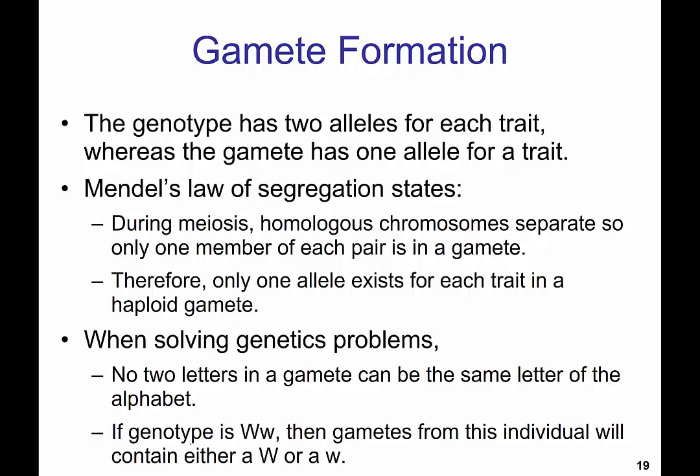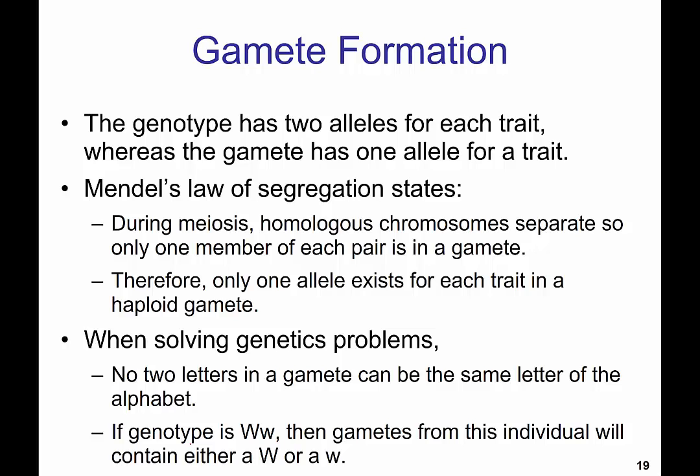Reviewing also, Mendel's law of segregation states that during meiosis, homologous chromosomes separate so that only one member of each pair is in a gamete. Therefore, only one allele exists for each trait in a haploid gamete. Remembering again that haploid just means you have one copy of that chromosome, and on that chromosome there's genes, and we're representing those genes or those traits by alleles.